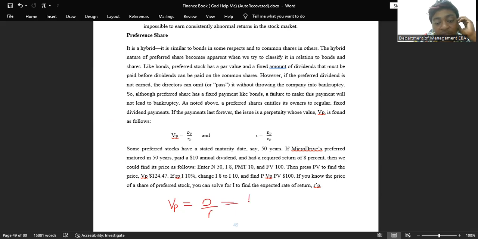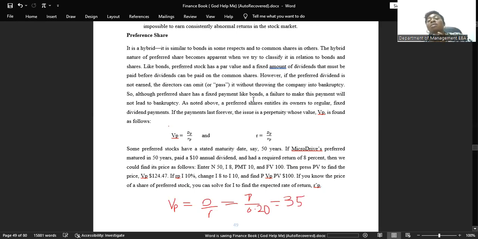So if you have a dividend of maybe 7 cedis and a rate of 20%, then you are getting 35. So that is it for share valuation.